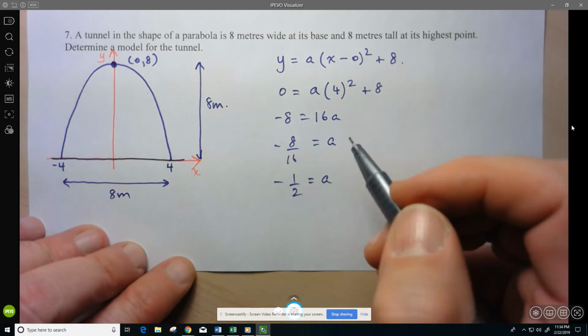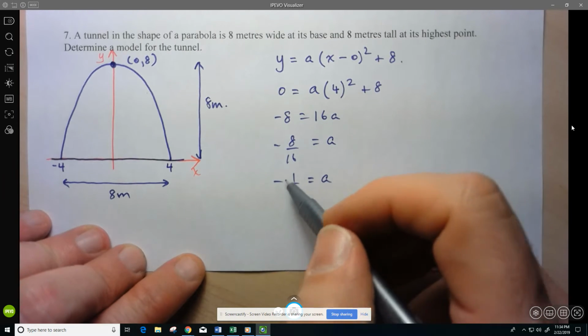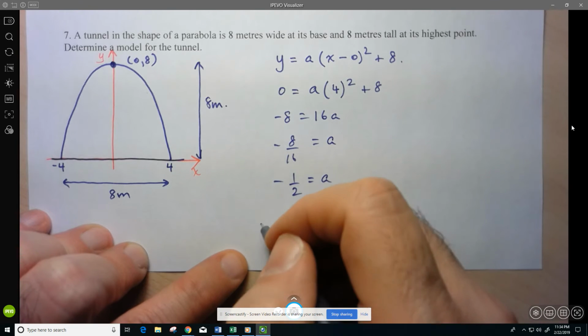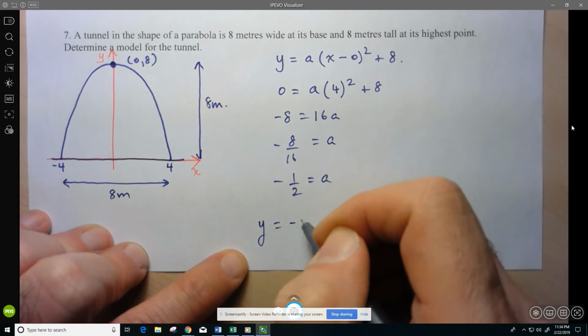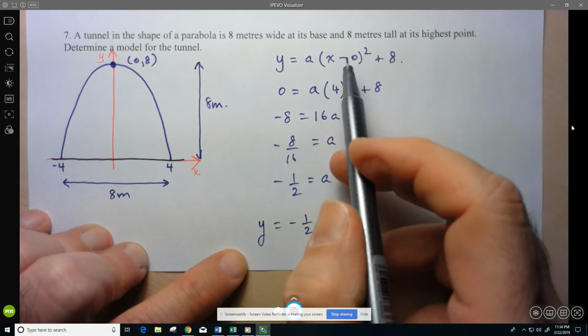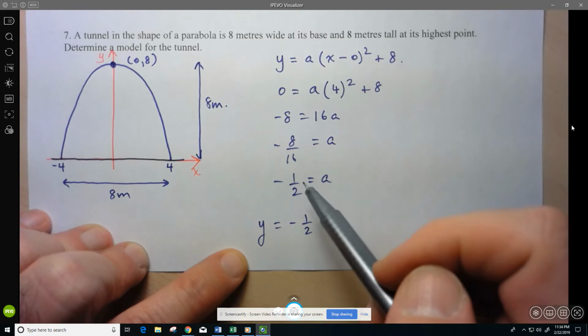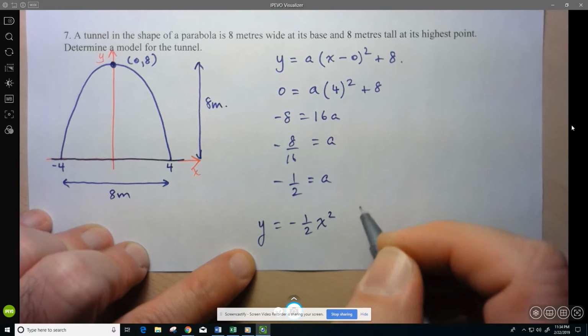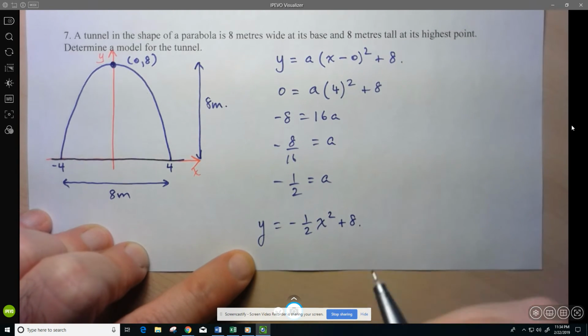Again, we shouldn't be surprised to get a negative value since this parabola is opening downwards. And so now we can write out our equation. y is equal to -1/2. I'm not going to write the x minus 0, since subtracting 0 doesn't make a difference. So it's going to be y = -1/2 x² + 8.